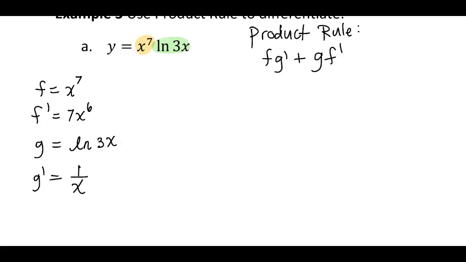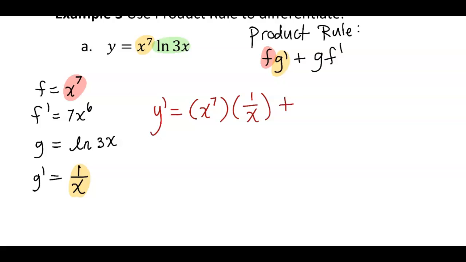So I'm ready to do the product rule. So what is y prime? Y prime is first times the derivative of the second, which is this 1 over x, and that's going to be very nice. We will be able to simplify this.